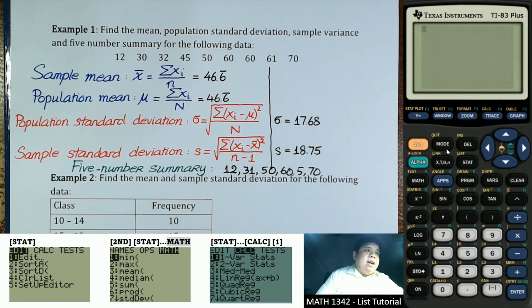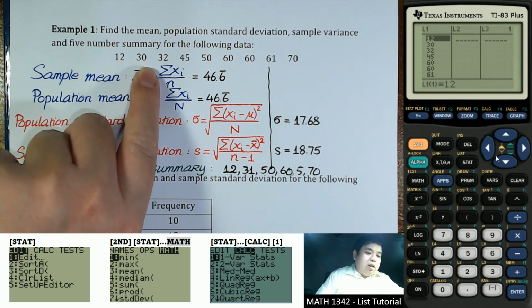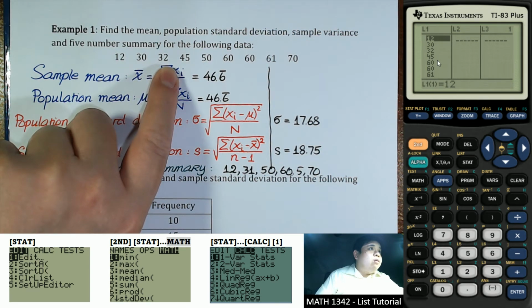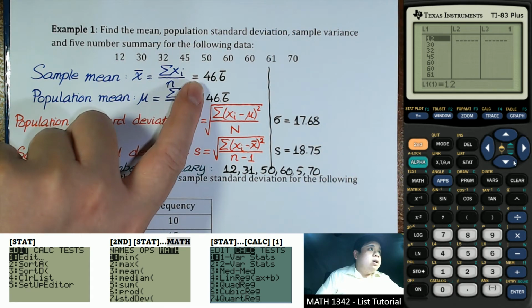Right, now same thing, stat, go to calculate one variable statistics, but this time we just enter the syntax. It is one variable statistics, hit second number 1, so we do statistics on this one, hit enter, and we have the same information. Wait, that means we missed a number, did we? 12, 30, 32, 45, 60, 60, 61.